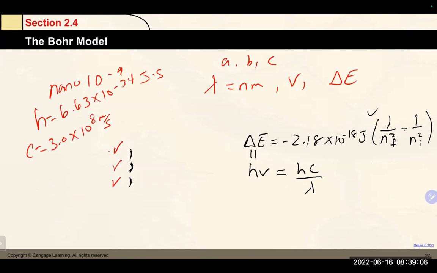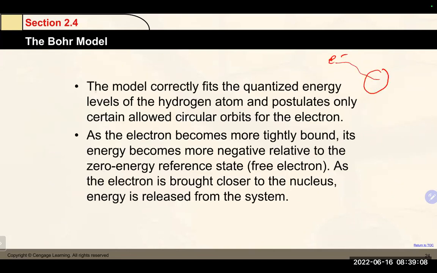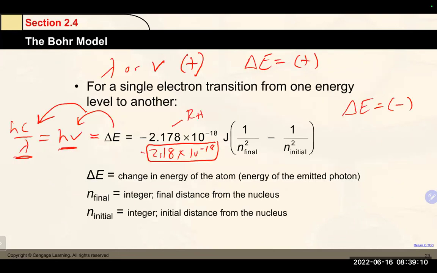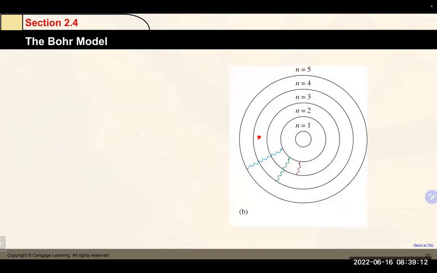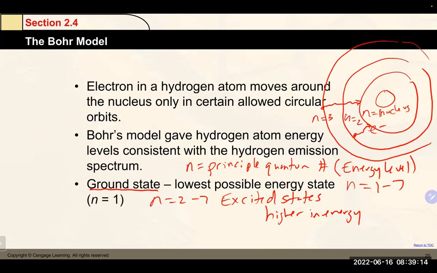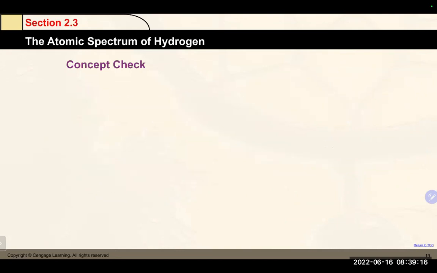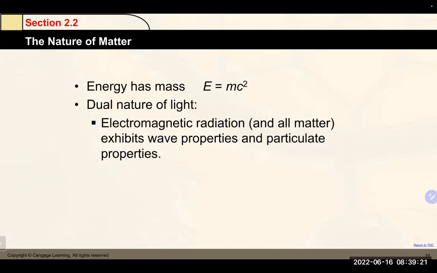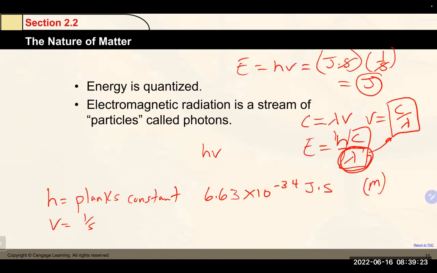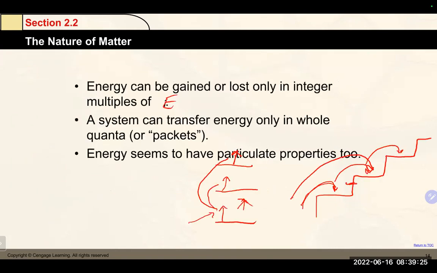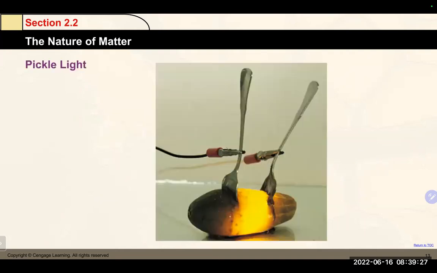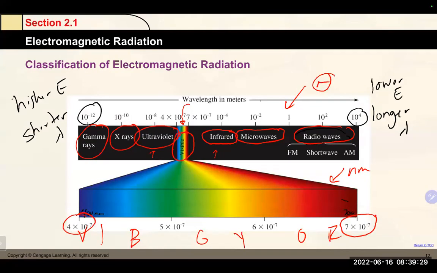Then we could go back and look at our colors. If we go back to our visible part of the spectrum, which is here somewhere, I think. I passed it. There we go. What was the first one there?